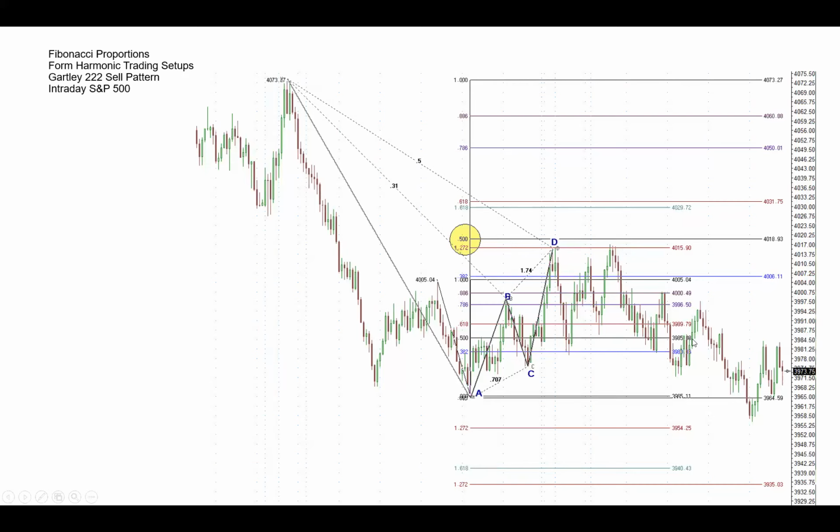Here's another A, B, C, D. So this is the S&P. The S&P is really a great trading market for these patterns, especially if you're an intraday trader. These form on a regular basis. I think this intraday time frame is one of the tick charts.